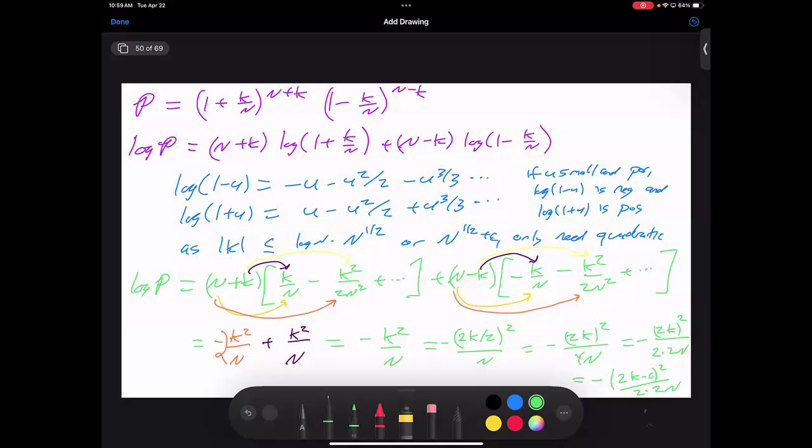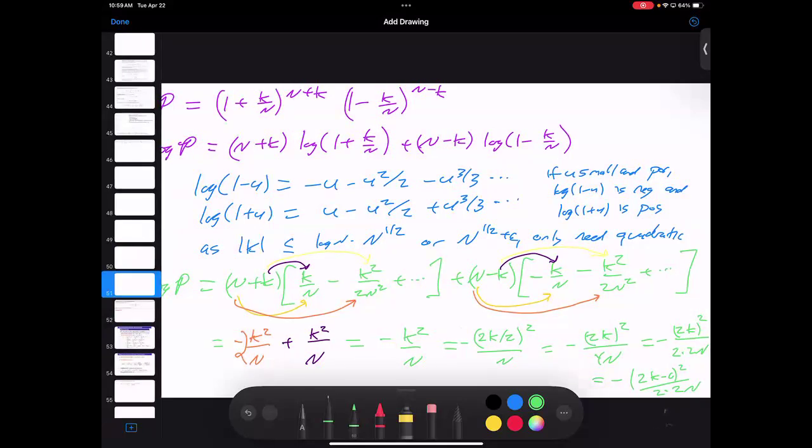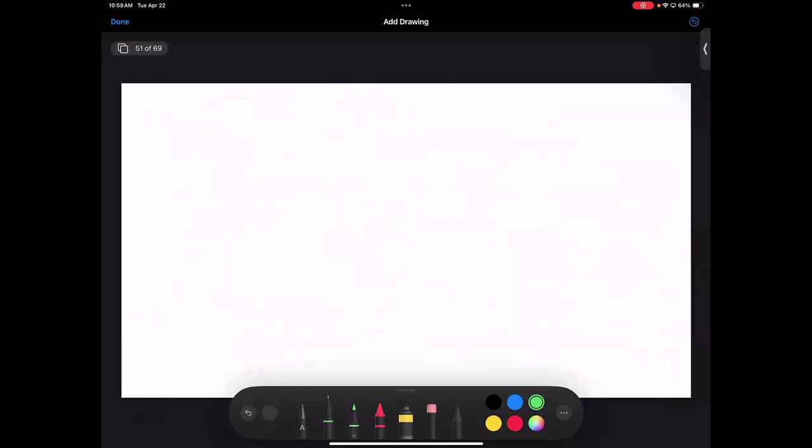And the denominator is now written as 2 times 2n. It's looking like something with variance 2n, because the denominator is 2 times sigma squared. So now that's the log of p. Thus, p is approximately e to the negative 2k minus 0 squared over 2 times 2n.